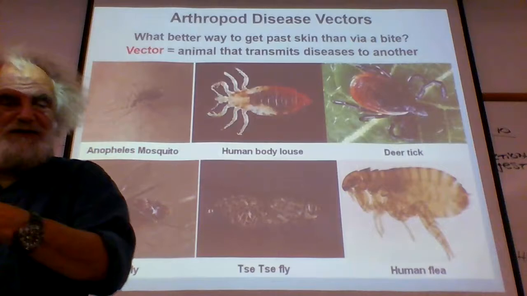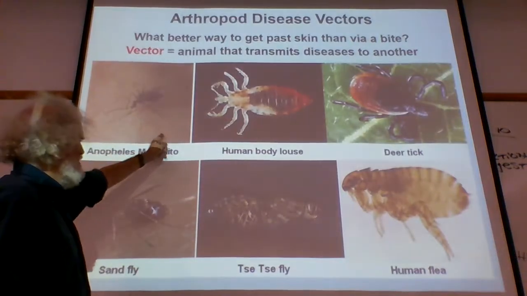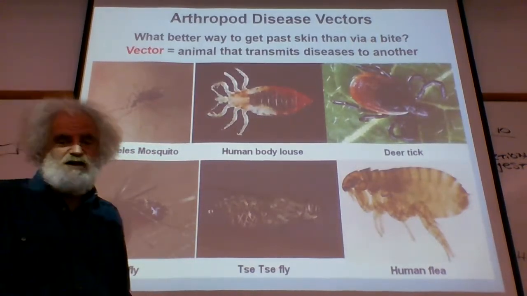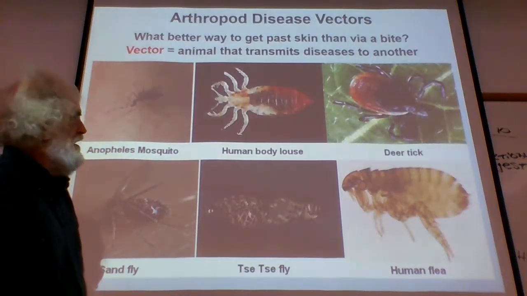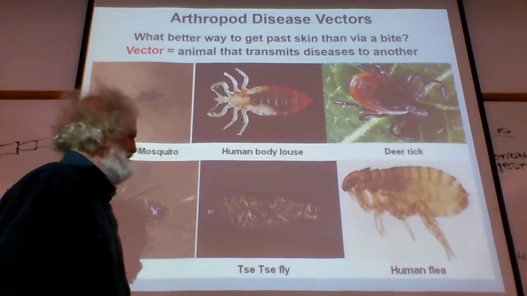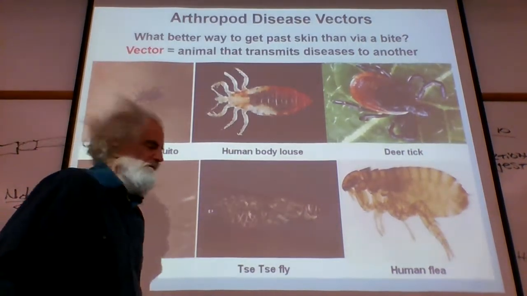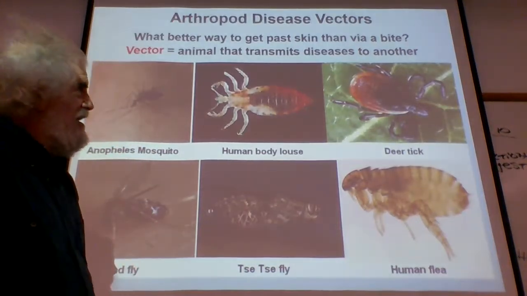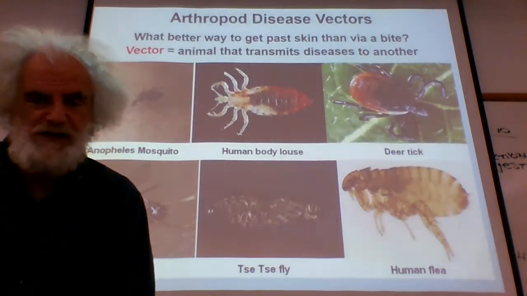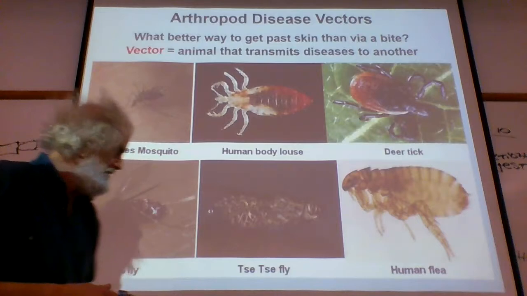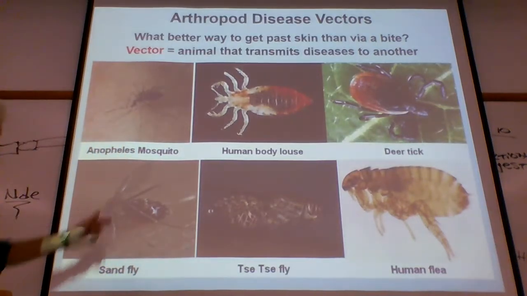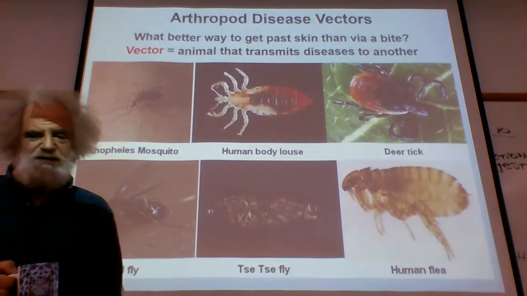And so here we've got Anopheles mosquitoes. These are the guys that carry things like Zika and West Nile. Lice, tsetse fly, fleas, great place to carry plague. Deer ticks, things that can carry Lyme disease. The sandfly, carrying various kinds of diseases as well.